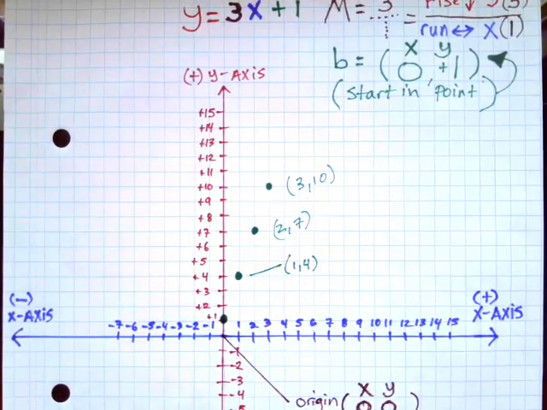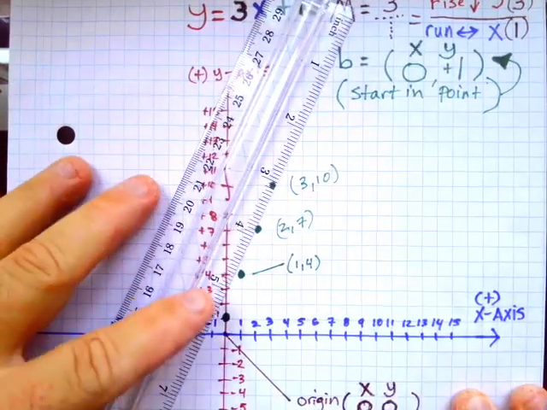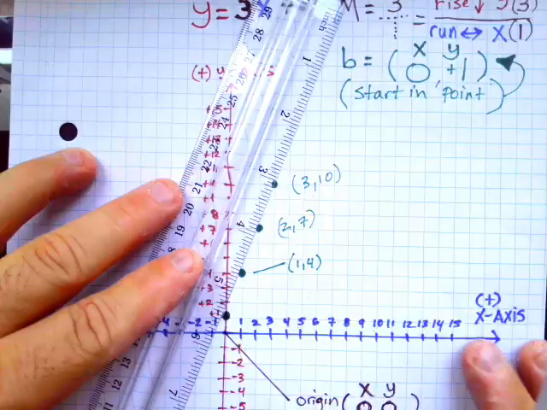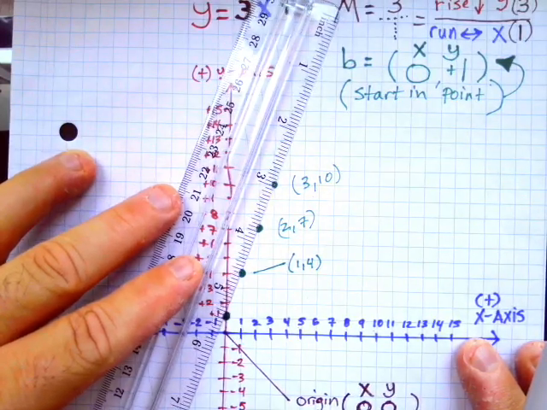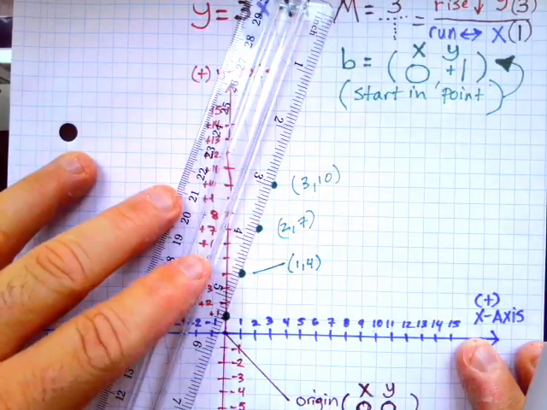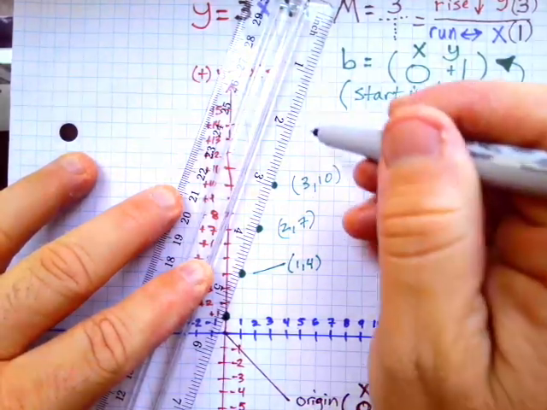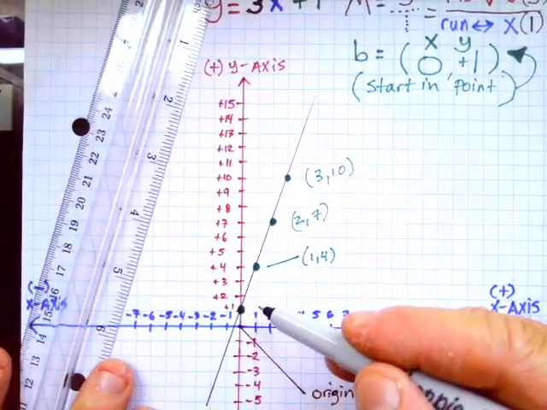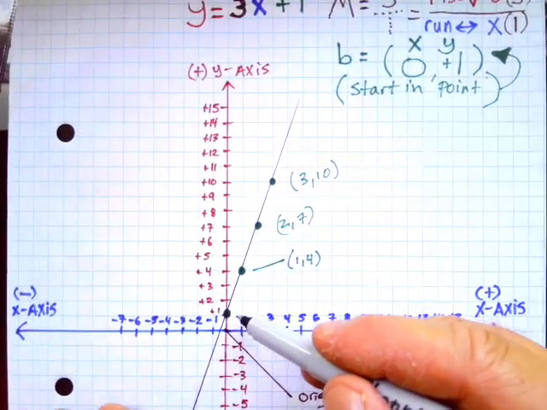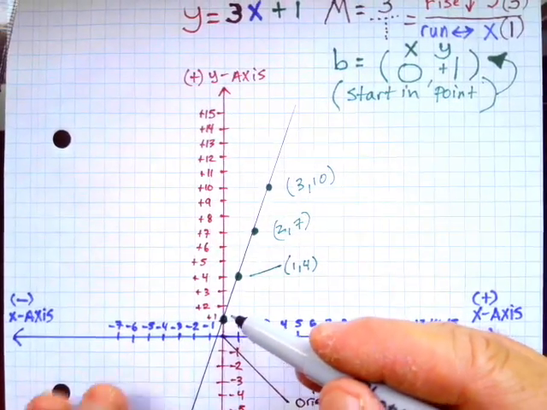I wanted to show that to you before moving on and giving you a couple more examples of how to graph just using that slope-intercept form. So I'd like to line these up here to show you. We have our straight line that goes through the y-axis at that point, 0 for x, 1 for y.